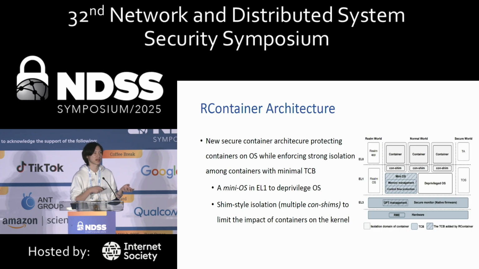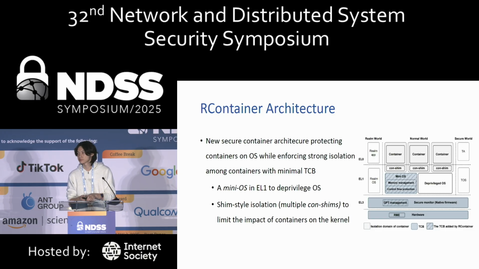Every con-shim is an instance of some function of the host OS. And we also put the con-shim and the container together as a combination and protect their memory as a whole. Interesting. Okay, I'll take other questions offline. Thank you. Thank you for your questions.